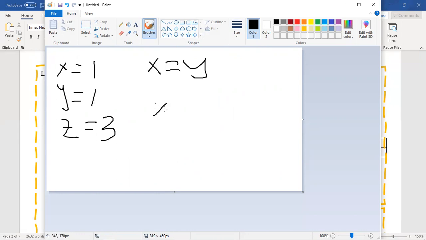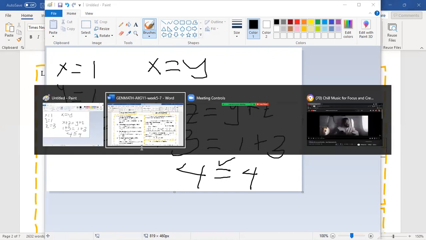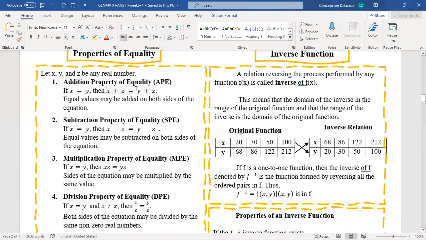If we add 3, z, to x, then we also add z to y. So substitute the values: 1 plus 3 is equal to 1 plus 3. So we have 4 and 4. Therefore, they are equal. That is the addition property of equality.